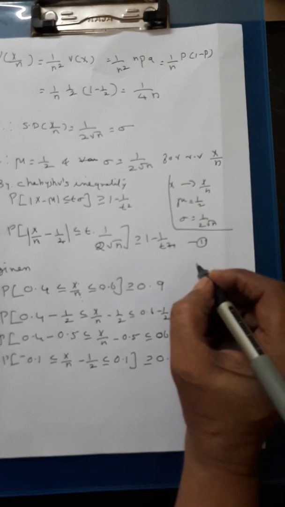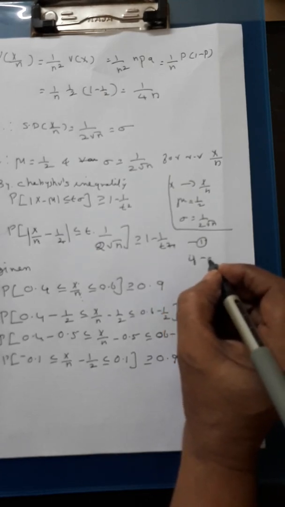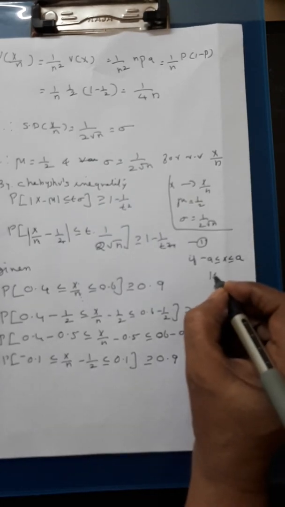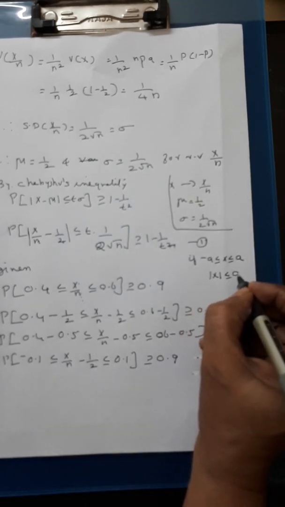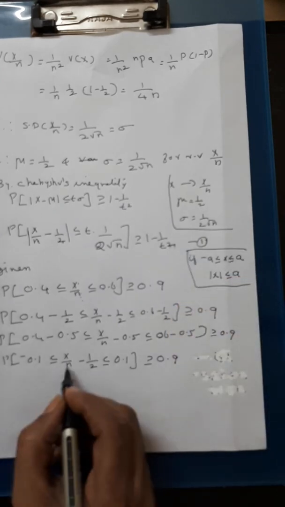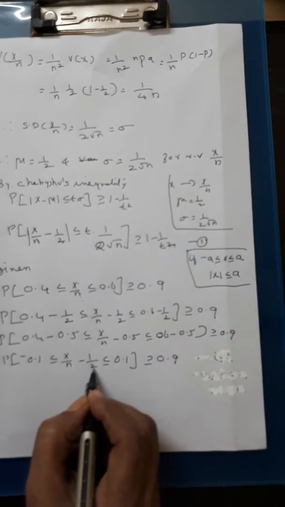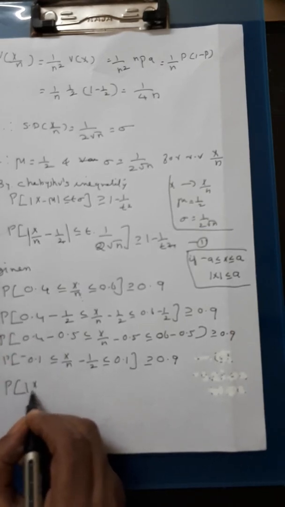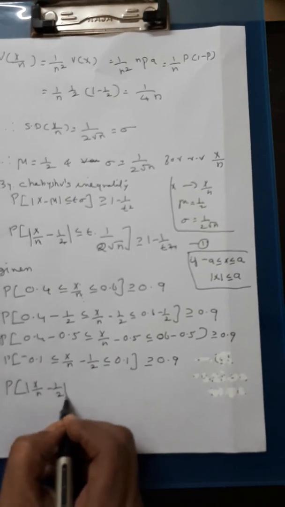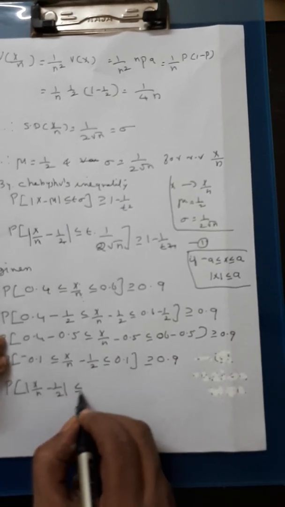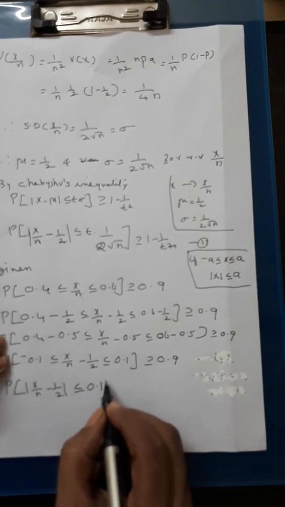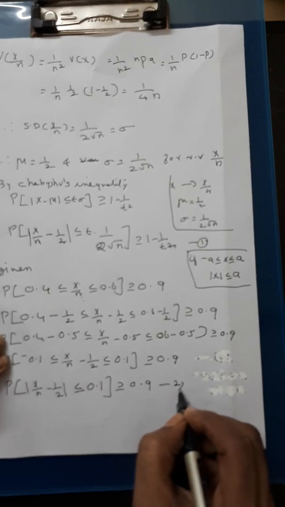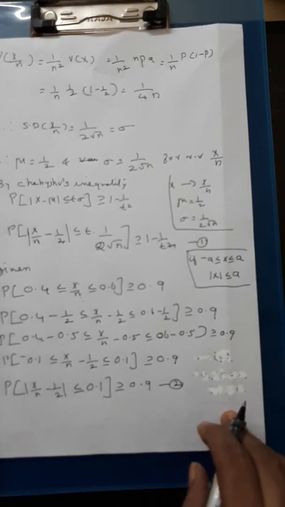We know that if minus a less than or equal to x less than or equal to a, then mod x is less than or equal to a. Therefore, we can rewrite this as P of mod x by n minus 1 by 2 less than or equal to 0.1 is greater than or equal to 0.9. Let it be equation number 2.